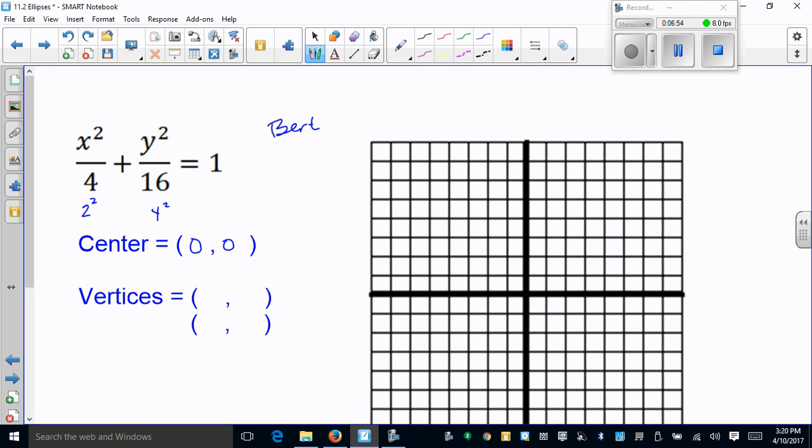This time it's my K plus or minus my up-down number. So 0 plus 4 or 0 minus 4. Okay, so center 0, 0. 1, 2, 3, up 4. There's my point 0, 4. 1, 2, 3, 4, 0, negative 4. There's my other vertex. And then it's just going to go to the side this way.